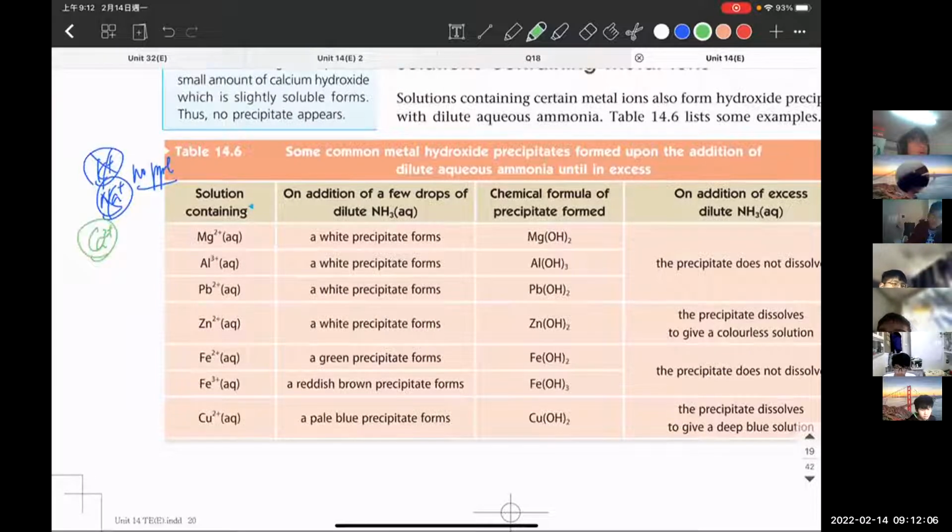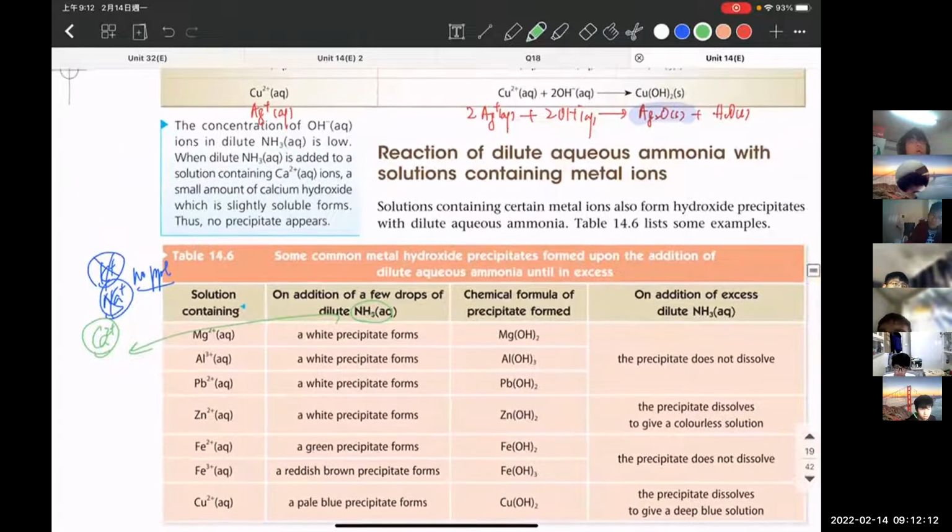So indeed, once I react calcium with ammonia, it will not form any calcium hydroxide precipitate. Now that is the reason. Can you see that? Because for ammonia, the concentration of hydroxide ion is rather low. Why? Because as I said before, ammonia is a weak alkali, so you will have a slight ionization in water to produce less concentrated hydroxide ion.